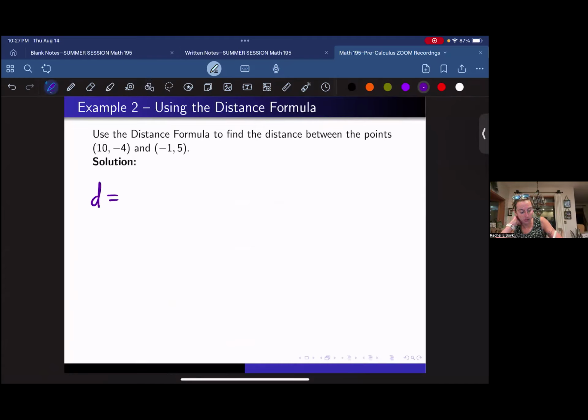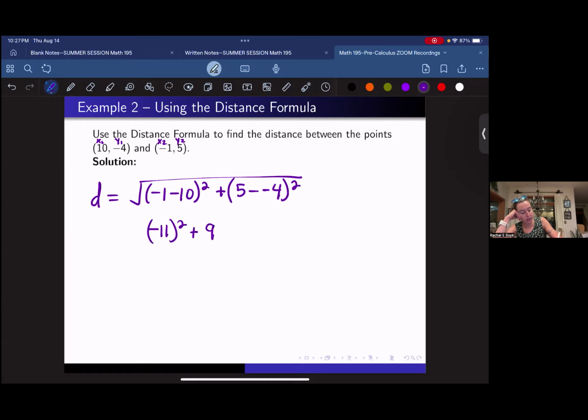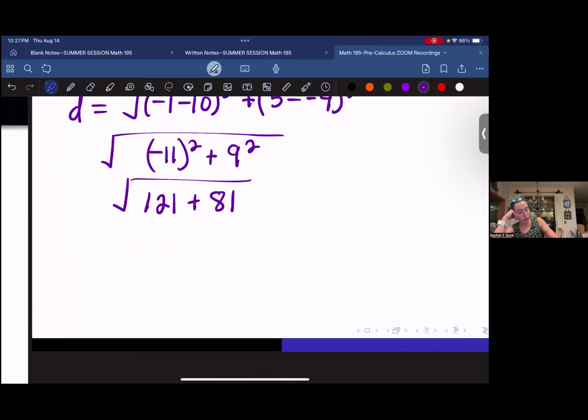I'll just jump right into it. x1, y1, x2, y2. -1 minus 10 in parentheses squared plus parentheses 5 minus -4 squared. -11 squared plus 9 squared gives us 121 plus 81, which gives us 202.